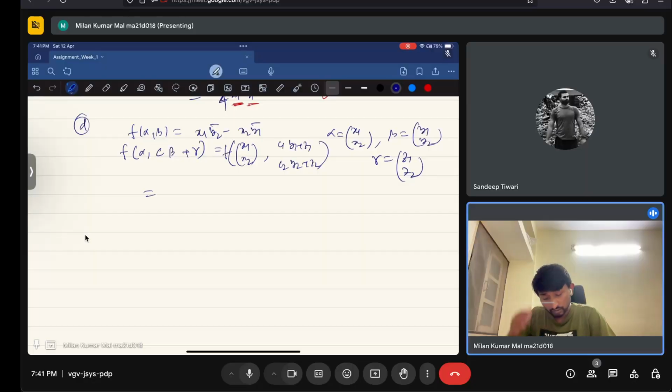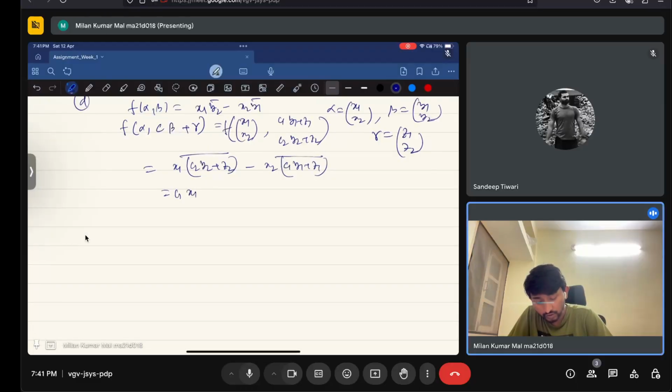So this equals x1 y2 bar, that is c2 y2 plus z2 bar, minus x2 y1 bar, c1 y1 plus z1 bar. That is equal to x1 c2 bar y2 bar plus x1 z2 bar minus c1 bar x2 y1 bar minus x2 z1 bar.